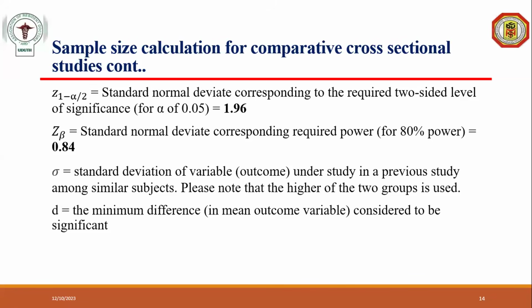The knowledge score is in number, so you are going to use, for example, 20, 30, 50, 40. So if you think a difference of 10 is significant, then you use 10 as your D. If you think a difference of 5 between the two groups may be significant based on what you have seen in the previous study, then you use 5 as your D. So this part is based on your own observation.